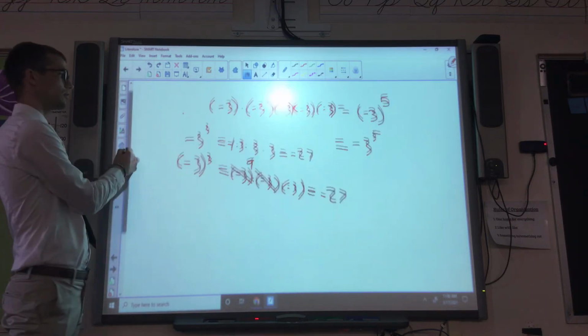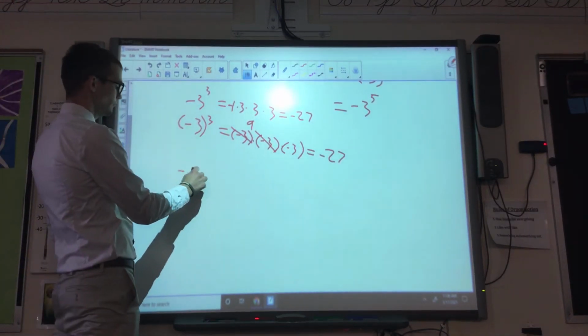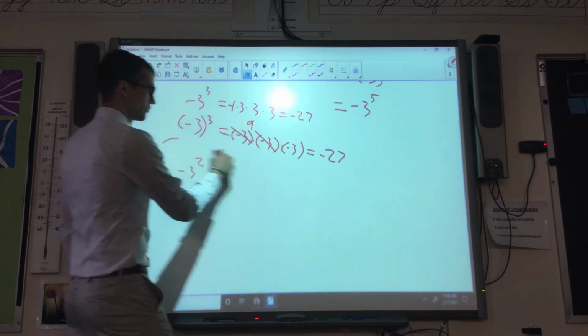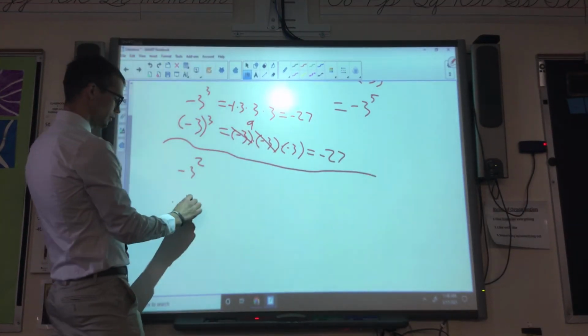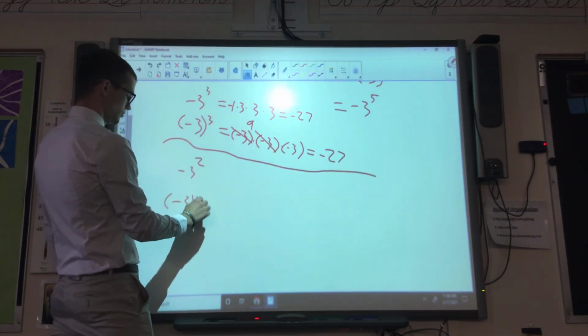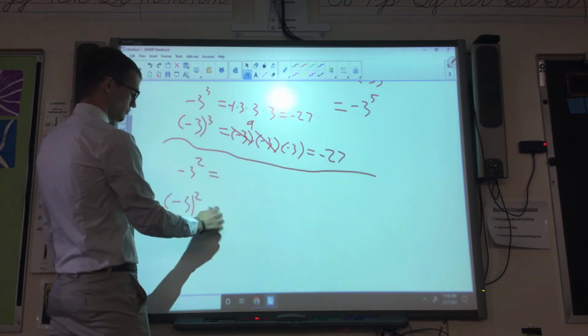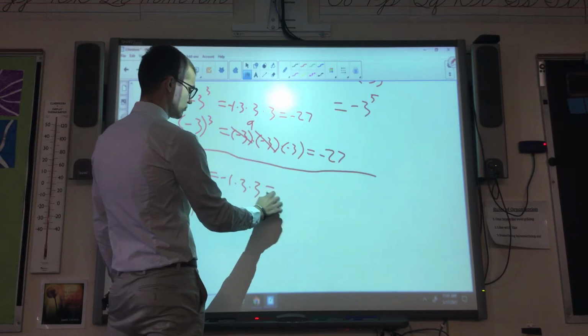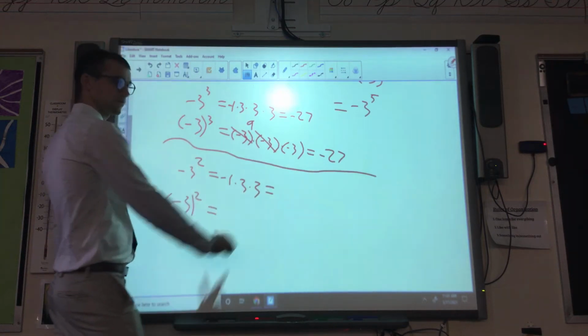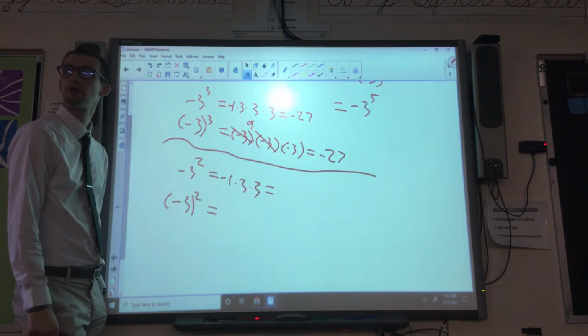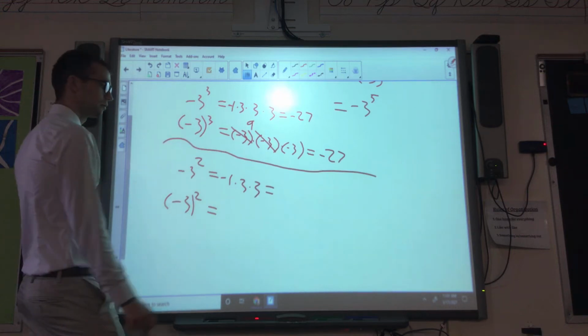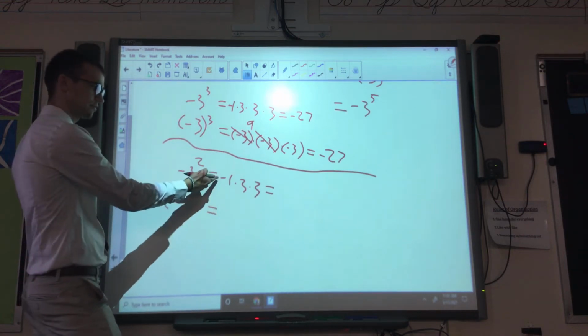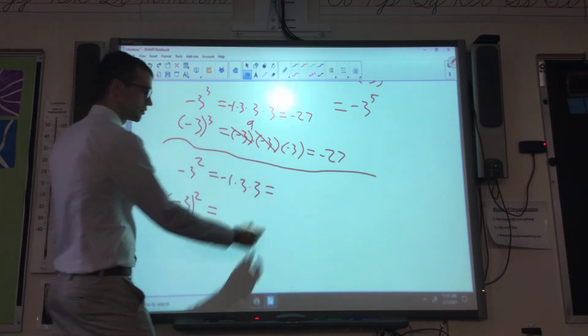Nope. If I have negative 3 squared and negative 3 in parentheses squared, the first is negative 1 times 3 times 3. What's 3 times 3? 9. 9 times negative 1 is negative 9.